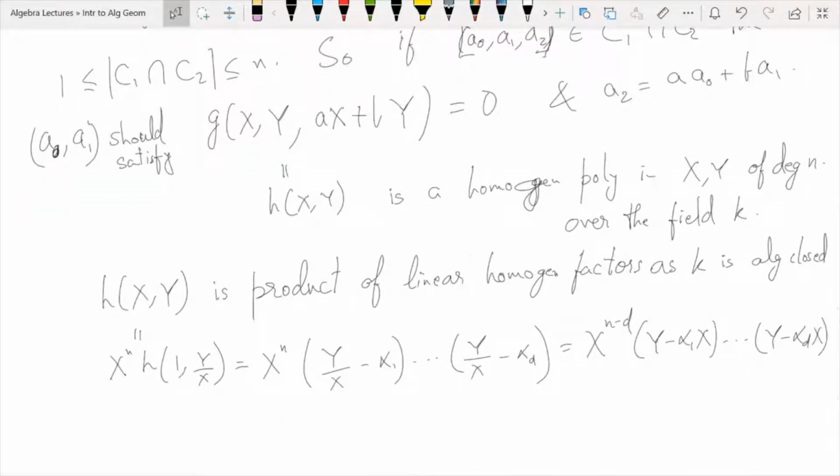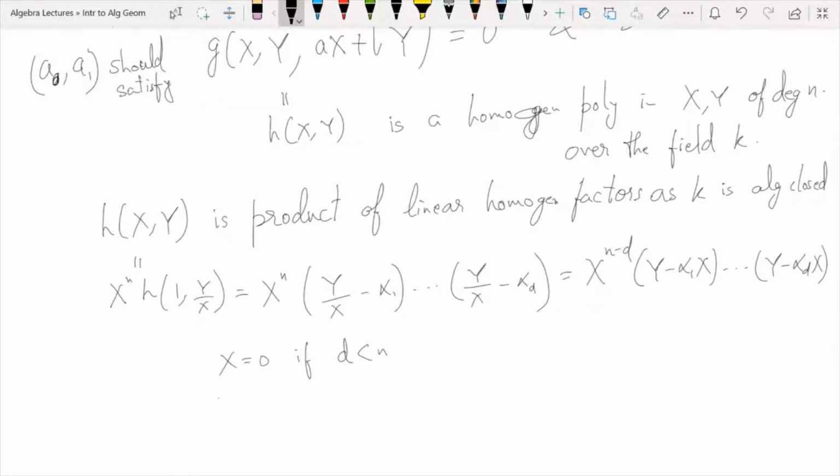So now you have various solutions. One solution is X equals 0 if d is less than n, and otherwise X equals 1 and Y equals alpha 1, and so on.